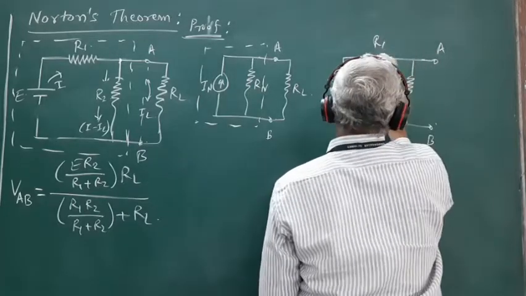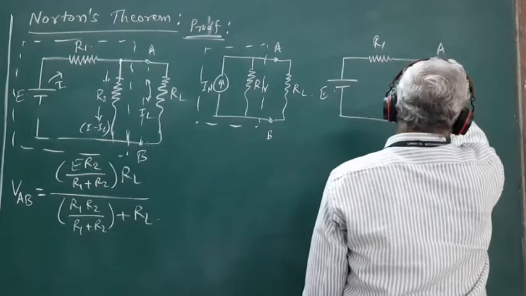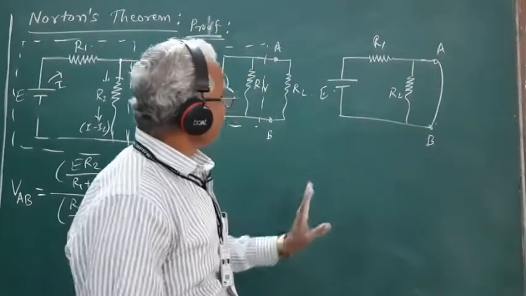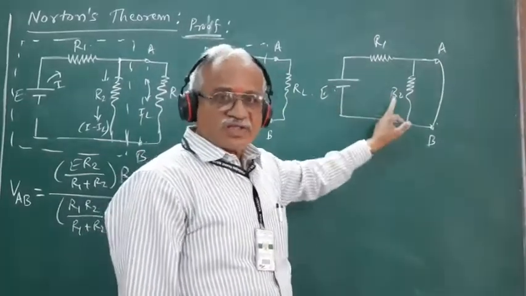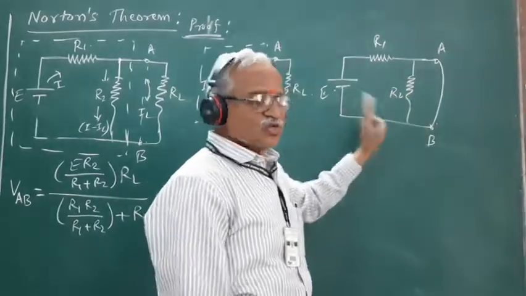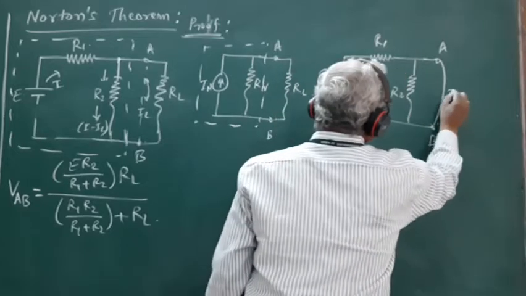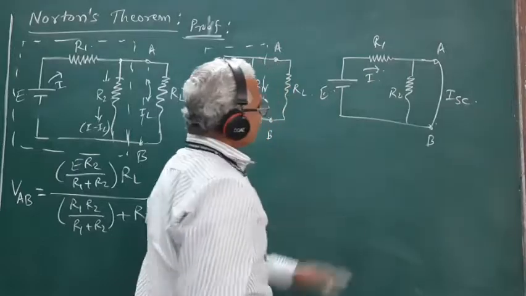So if a short is put across the terminals A and B, this resistance R2 gets short circuited.